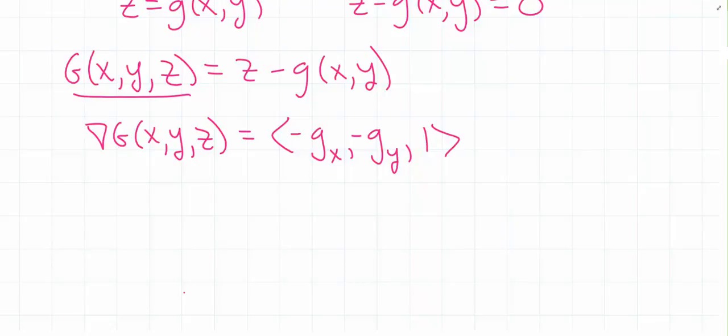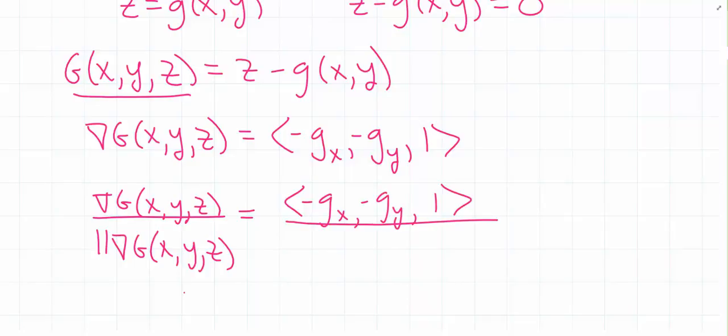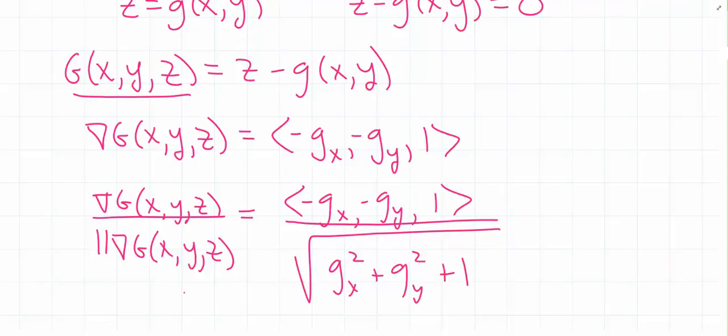So if I divide the gradient of G of x, y, z by the magnitude, it looks something like this. I get negative g sub x, negative g sub y, and 1, and then down here, the magnitude is going to be the square root of g x squared plus g y squared plus 1.